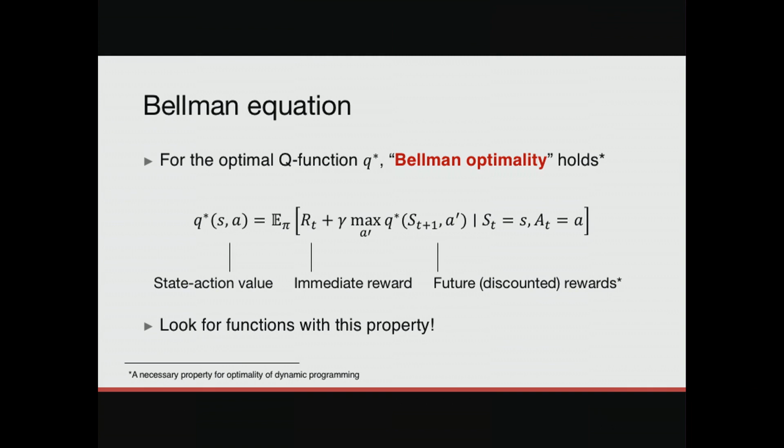So for the optimal Q star, this quantity holds. We know that. We can prove that. Okay. So the question is, how do we find this thing? How do we find Q star? Because Q star is not only the thing that gives you the optimal policy, it also satisfies this equality. This is not true for every Q function, but it's true for the optimal one.